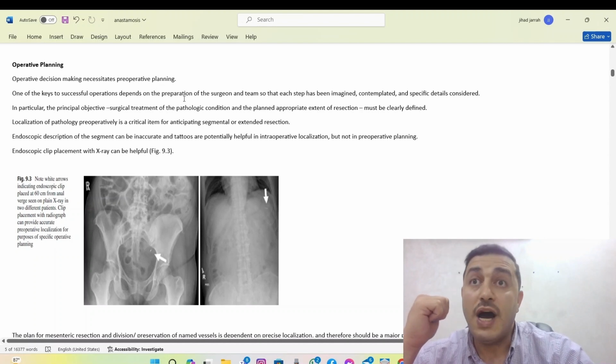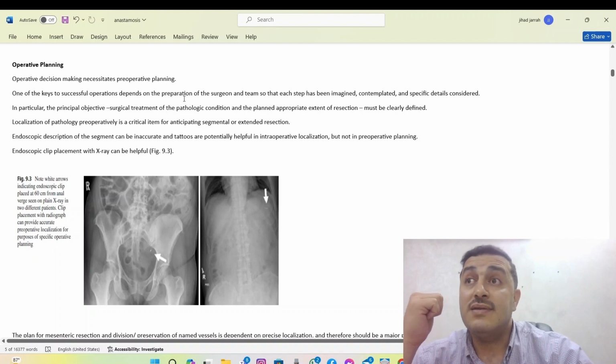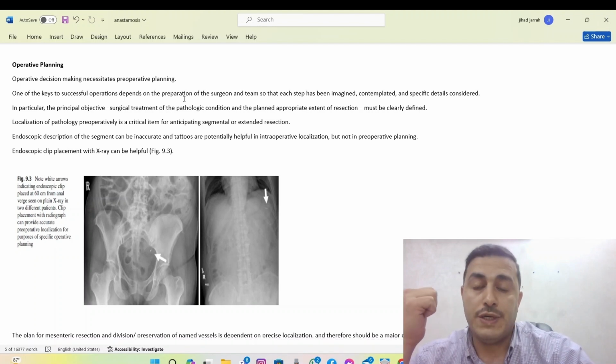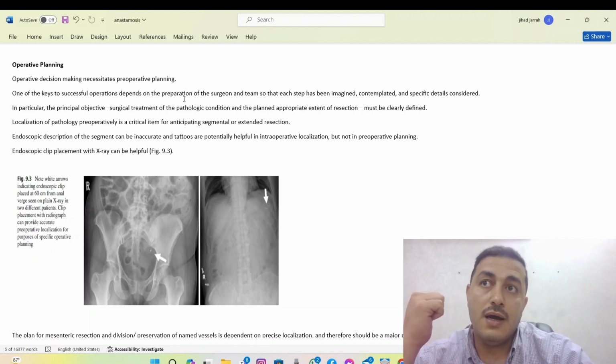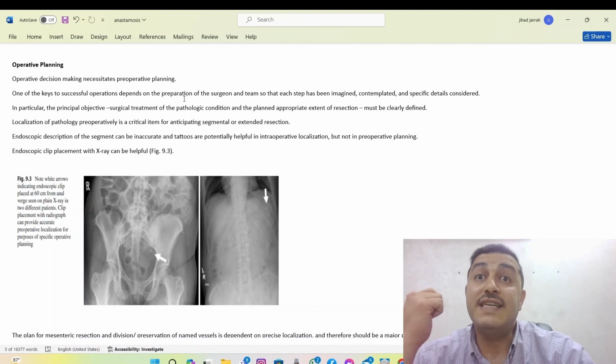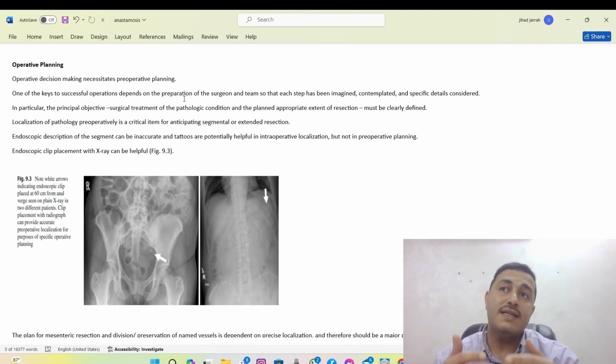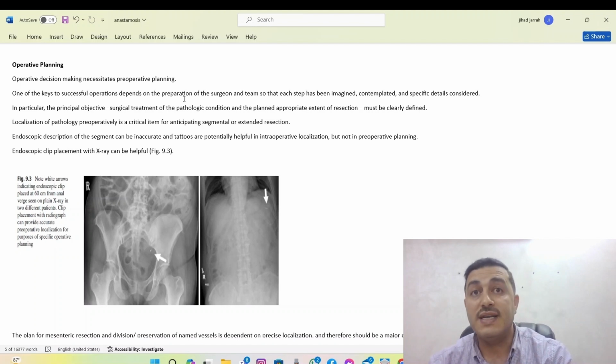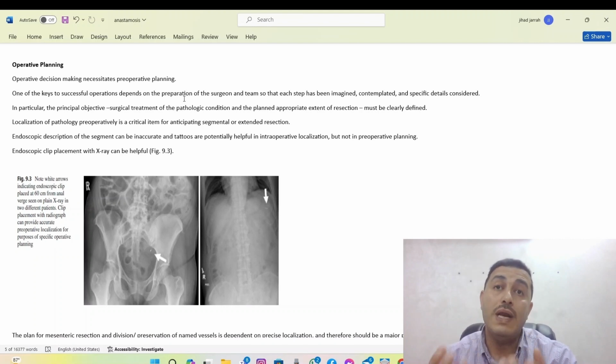Preoperatively, you have to know where the pathology is localized and the extent of your resection. This will reflect positively on your anastomosis, on your well-constructed anastomosis.